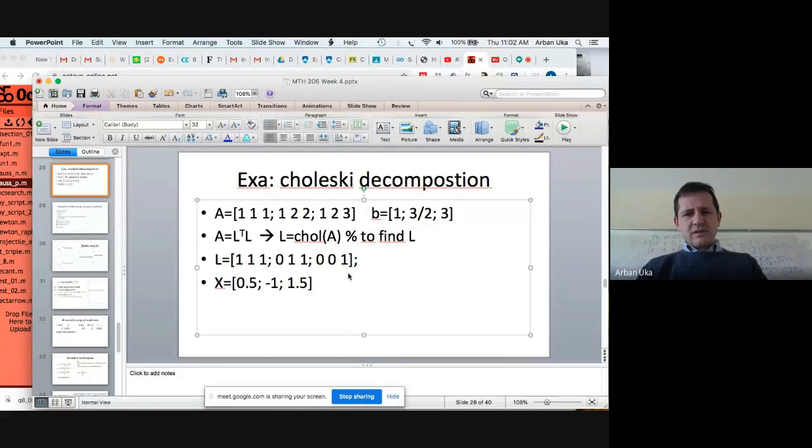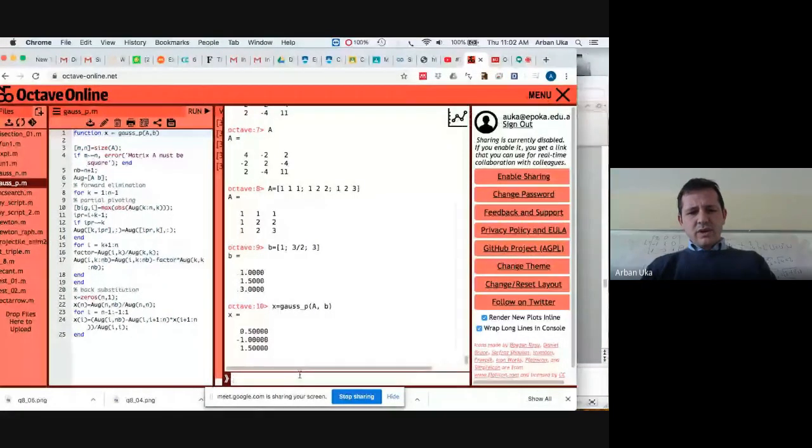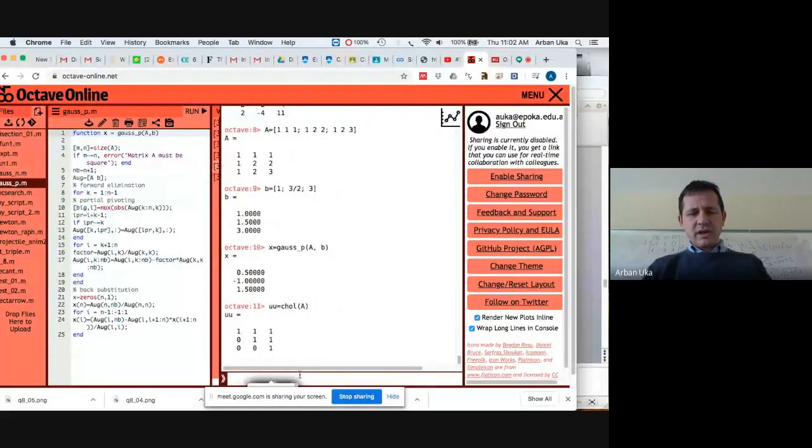Now for this matrix A, we can even calculate a matrix UU, which is equal to the Cholesky decomposition of the given A, and we get this upper triangular matrix full of ones. And we can try to solve this.